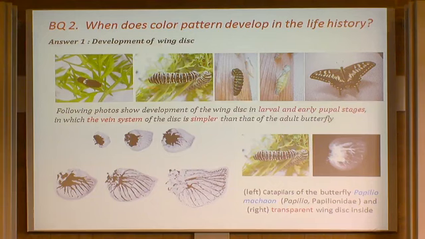The wing disc inside develops during the pupal stage into an adult wing. We call this the wing disc.